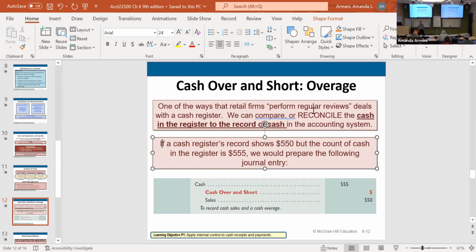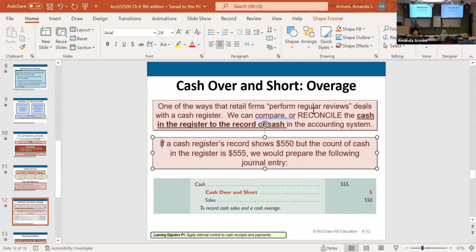Maybe the customer brought back merchandise and you had to give them their money back. As all of that's being processed, the cash register is keeping a record of it. It's keeping a log of it, right? And so at the end of a shift, perhaps at the end of a day, what a company should do is say, okay, what does it say in our register that we should have in cash? And then let's actually count how much cash that we have, right?